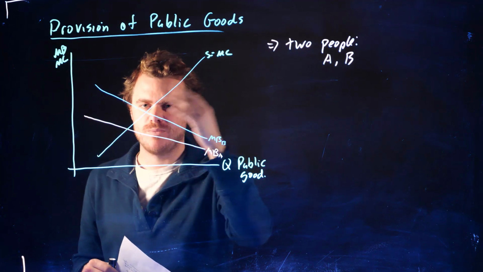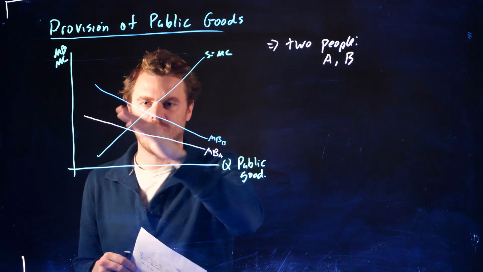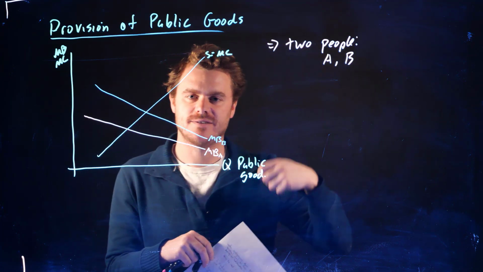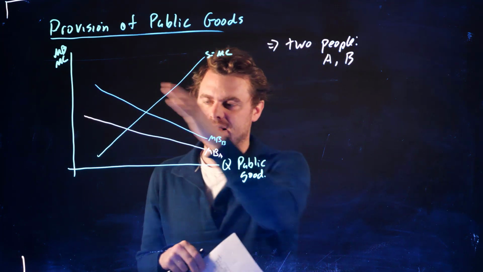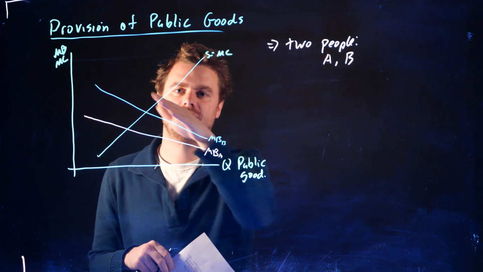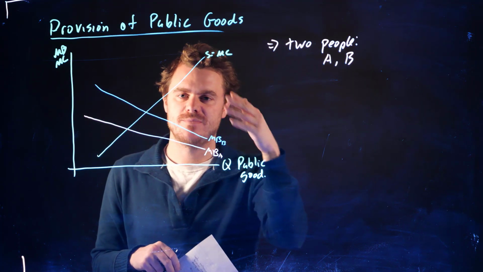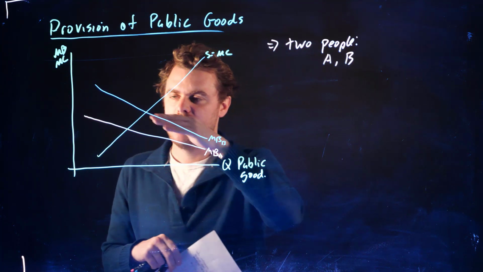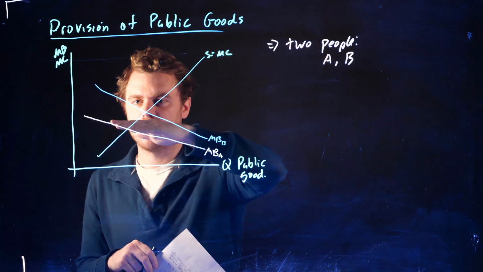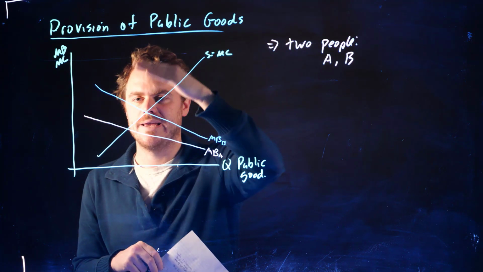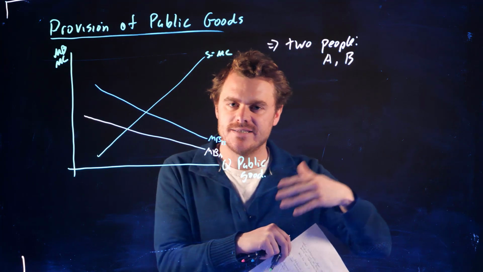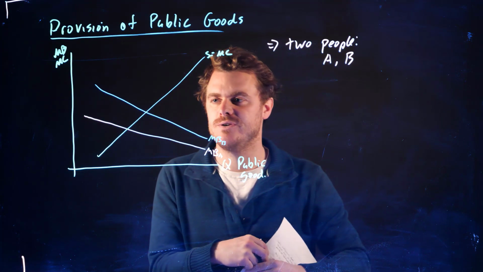Before, with private goods, we horizontally added the demand curves, adding up each person's quantity demanded to create the market demand curve. Here with public goods, we're vertically adding the willingness to pay, because one person using this good doesn't diminish the other person's ability to use it.